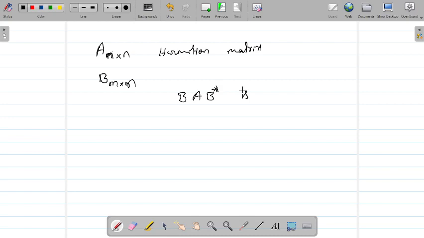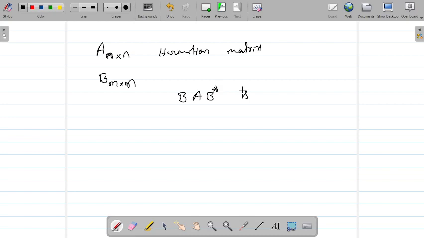But when it comes to the product AB, let's see, (AB) whole star, we know this is the same as B star A star, and since B is Hermitian, we can write B star as B, and A is Hermitian, so we can write A star as A. So that's equal to BA, but we want this to be equal to AB.